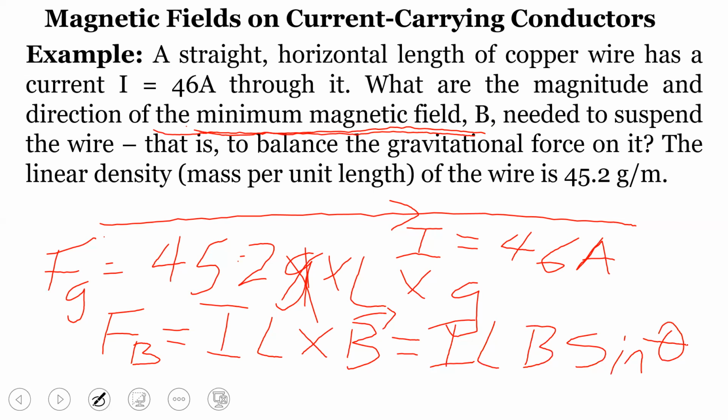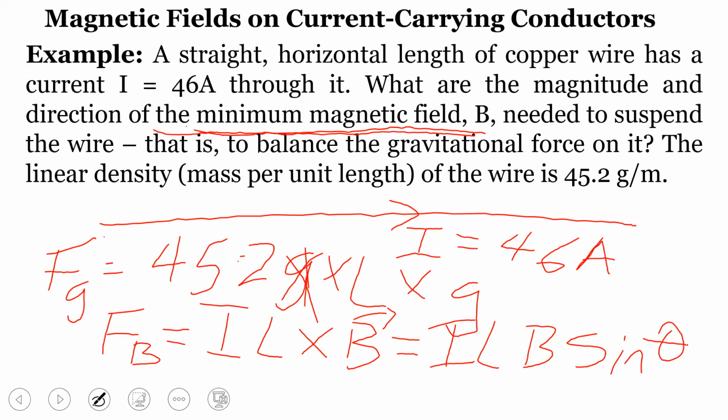And when theta is 90, the magnetic field can be minimum for you to have a certain large magnetic force.